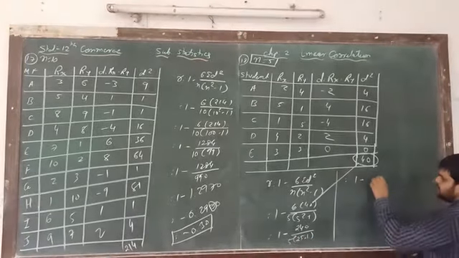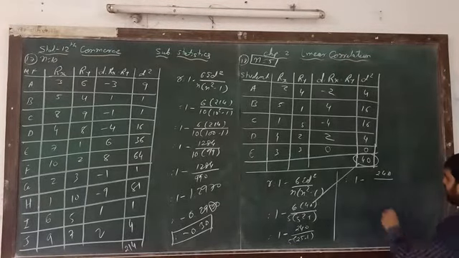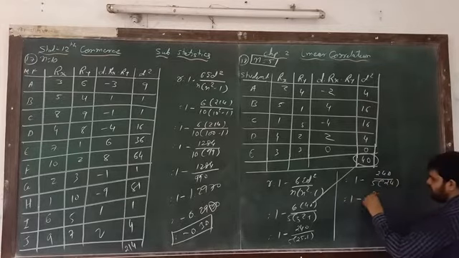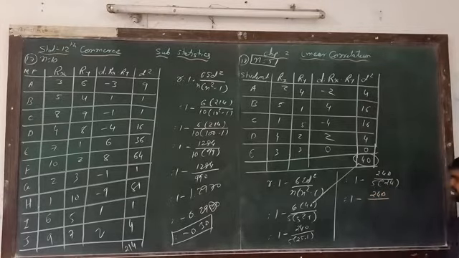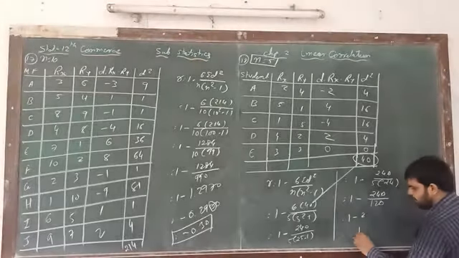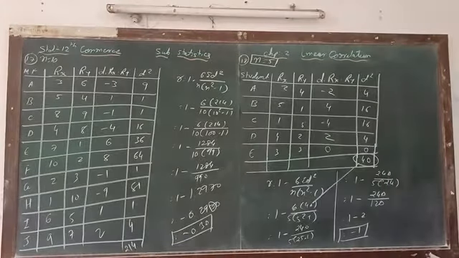So 1 minus 240 divided by 5 into 24, which is 1 minus 240 divided by 120, which is 1 minus 2, equal to minus 1. So this is the answer for r.